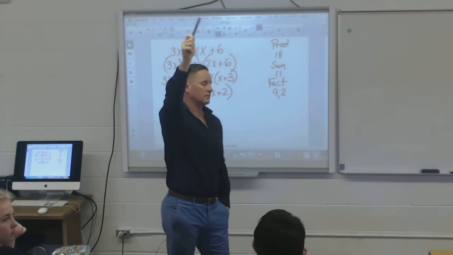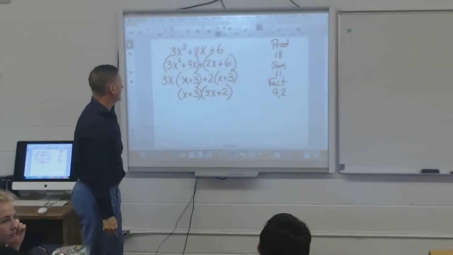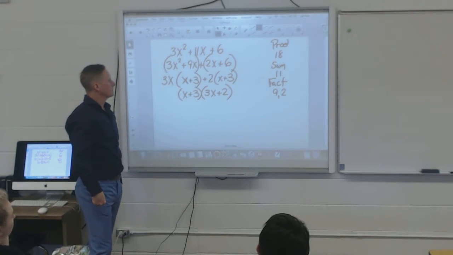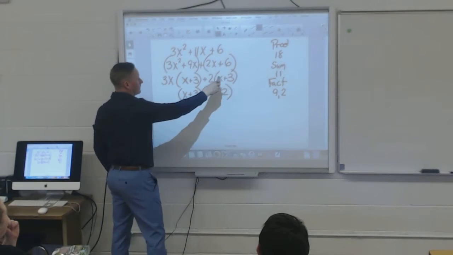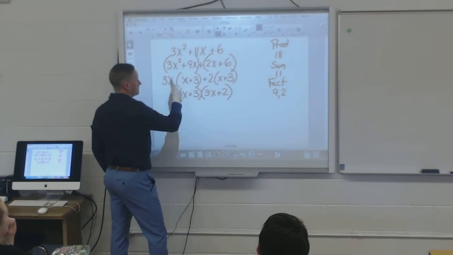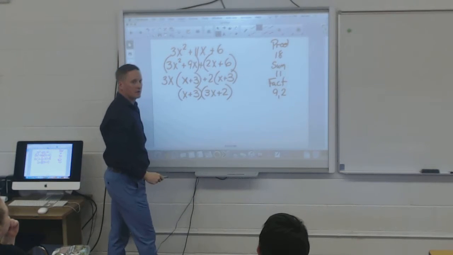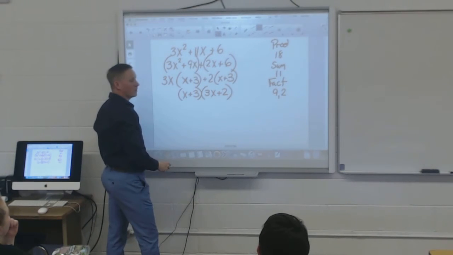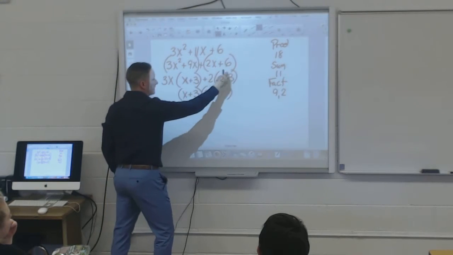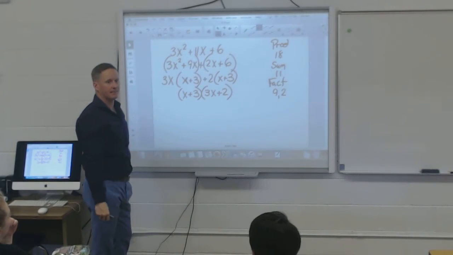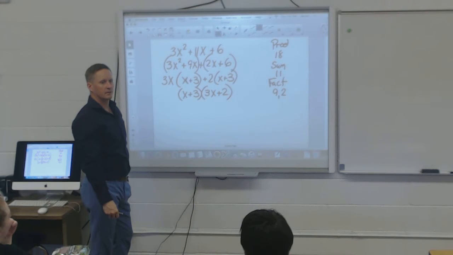Yes, Eli? On your 2 brackets, x plus 3 bracket, how did you get 3x plus 2? Right on the bottom right. How did you get that? Okay, so this is what's common between this term and this term? What does this have and this have that are exactly the same?